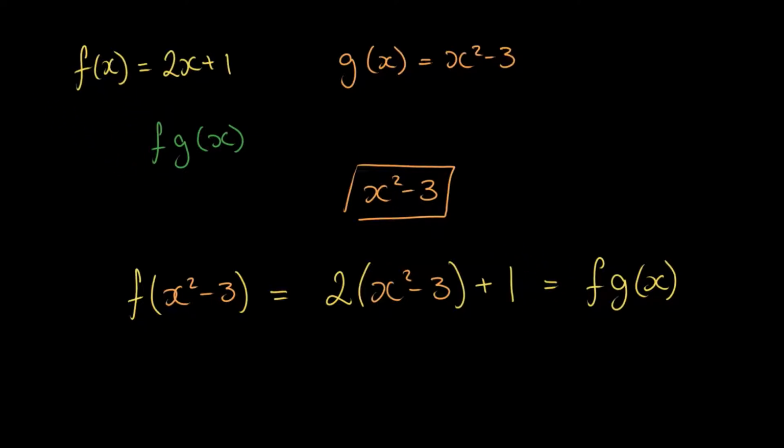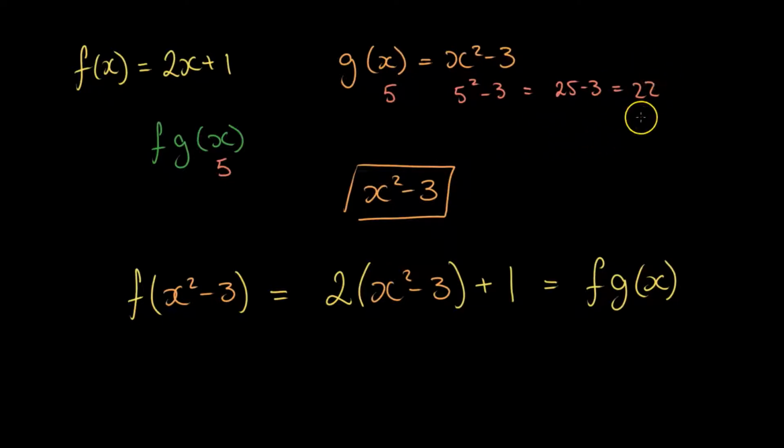So let's say I put 5 into here. So instead of x, I now want to put 5. So g of x, g of 5, is going to be 5 squared minus 3, which is 25 minus 3, which is 22.